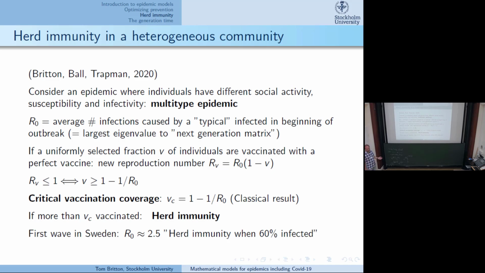Also in that situation, if you vaccinate uniformly, then the same result applies to this model, except that R0 is a much more complicated expression than that. Then it is the largest eigenvalue of a certain matrix, but the new reproduction number relates to the original one in the same way.